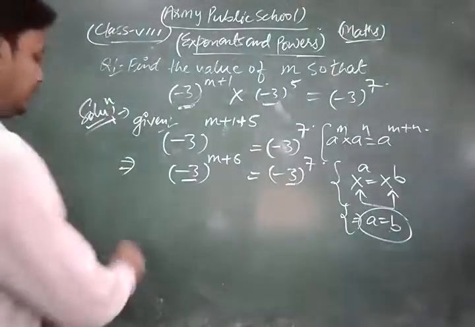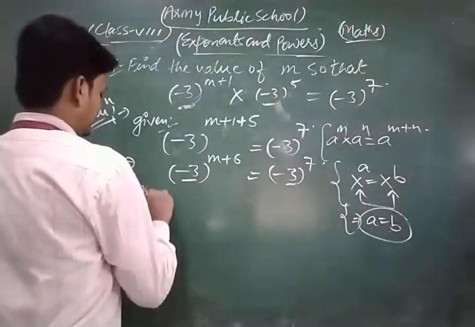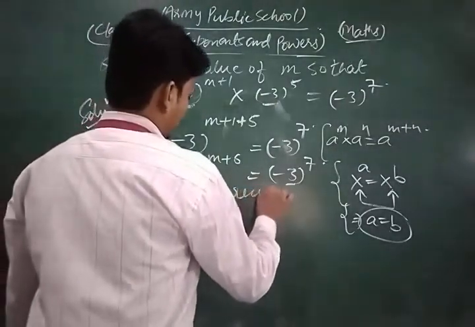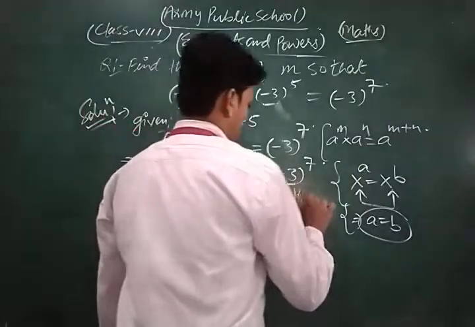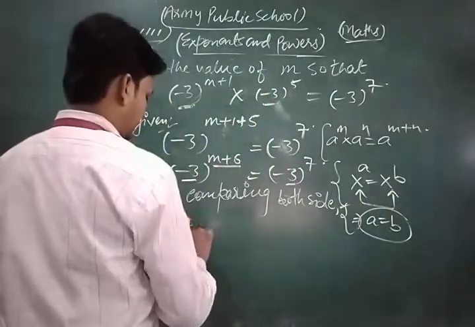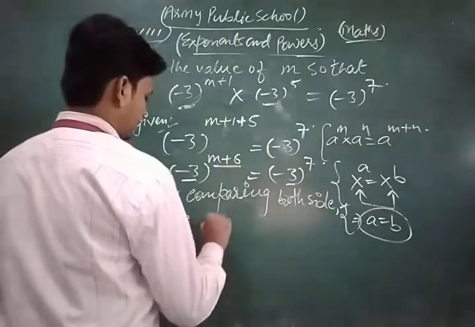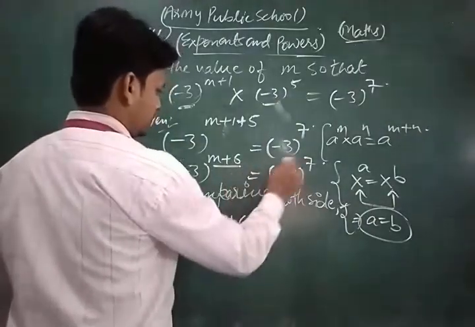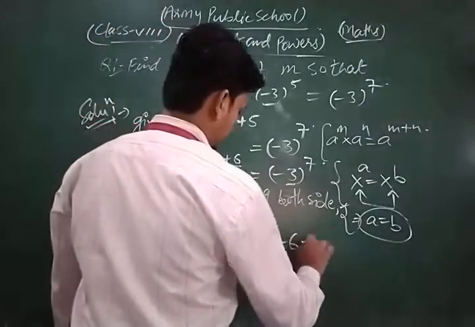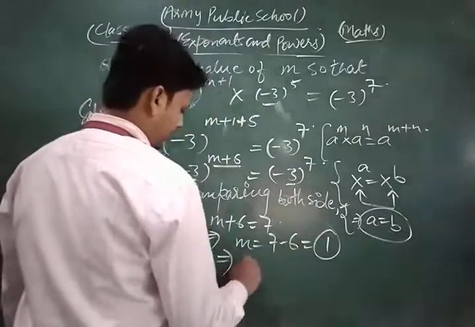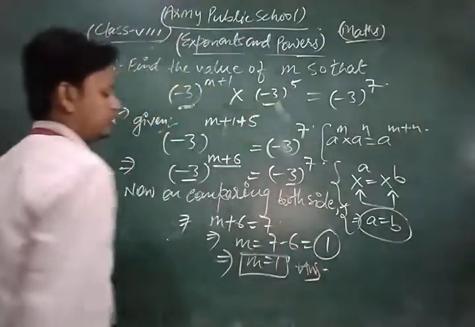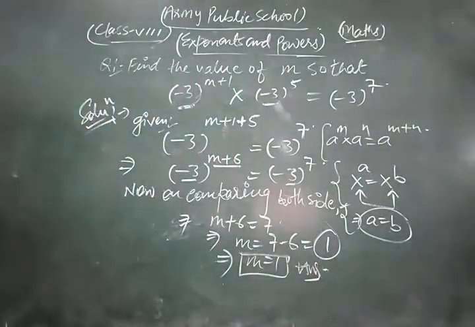On comparing both sides, m plus 6 is equal to 7, that is m is equal to 7 minus 6, that is 1. So the value of m is equal to 1.